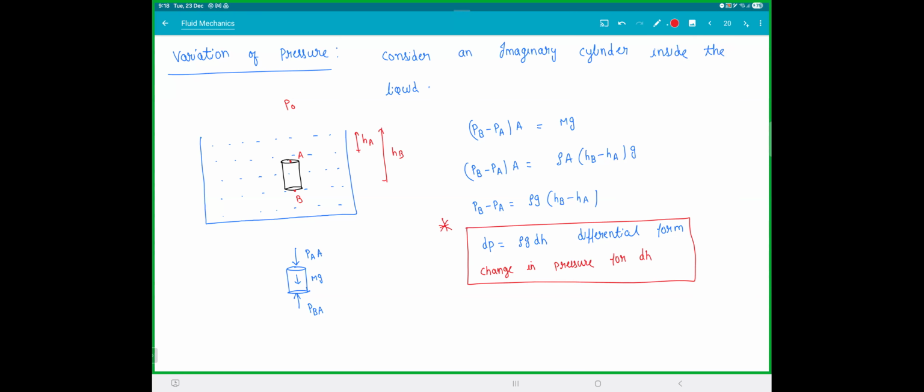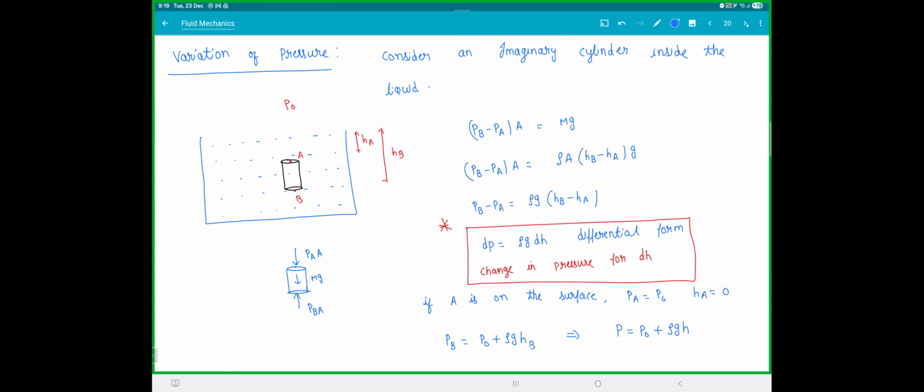Right? But if the point A is on the surface, then pressure at A becomes P naught and HA becomes equal to 0. Then your formula becomes PB is equal to P naught plus rho gH. This is another standard formula. The pressure at a depth H is given by P naught plus rho gH.